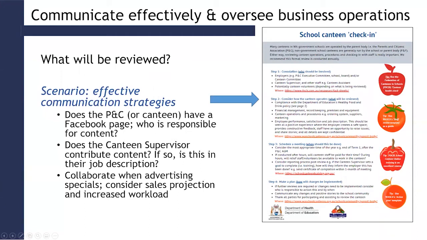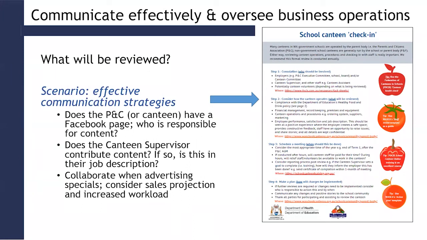So the resource for this is the staff review template. You can go to our website and see that there is the Canteen Supervisor job description, and then there is also another document that will help you to review whether your canteen supervisor is happy with their current job description.